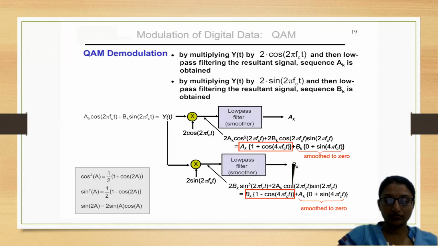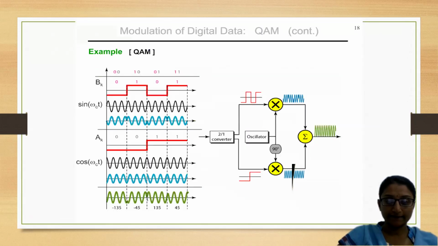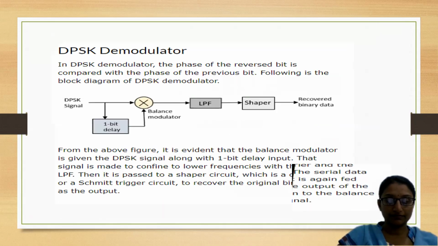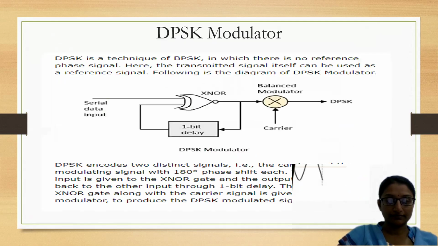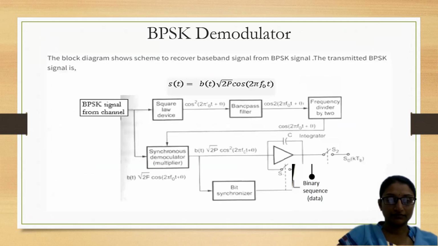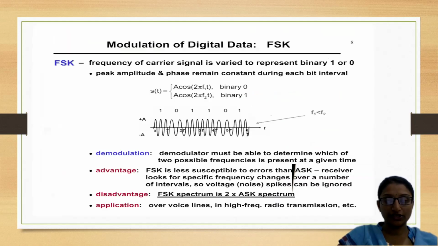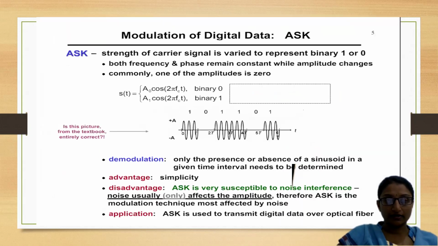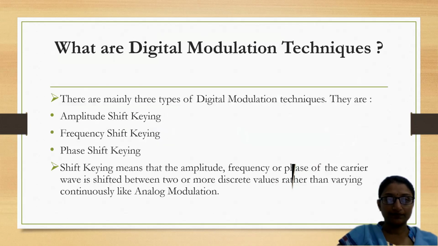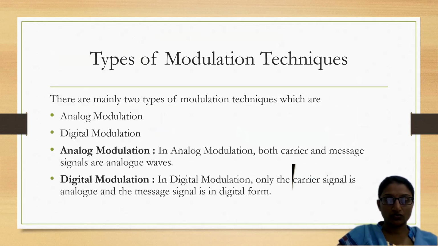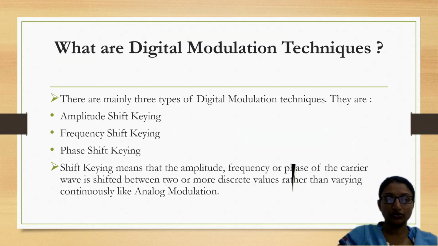Let us have an overall glance again at digital modulation techniques. In this lecture, we have completed all the basic digital modulation techniques. What are the basic techniques of digital modulation?